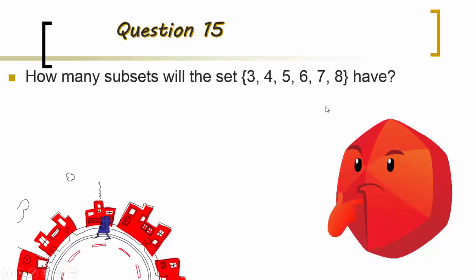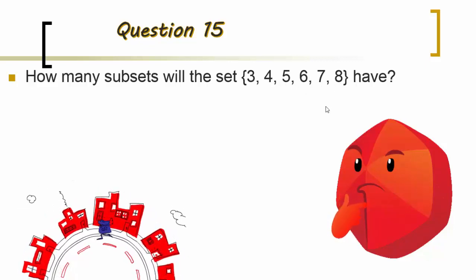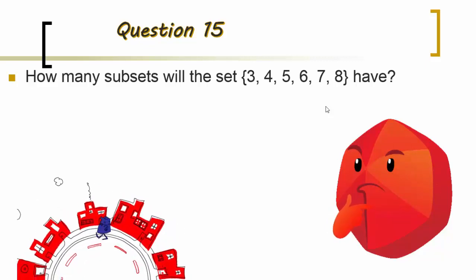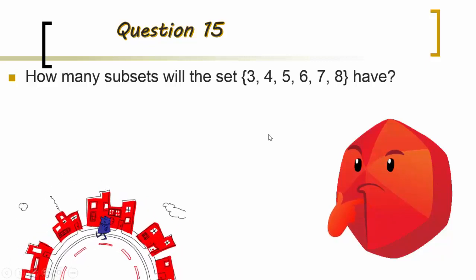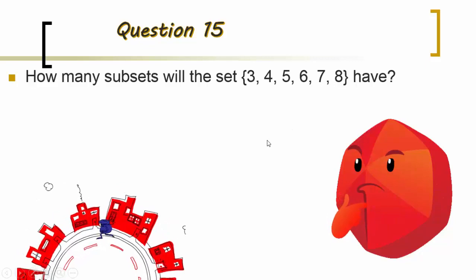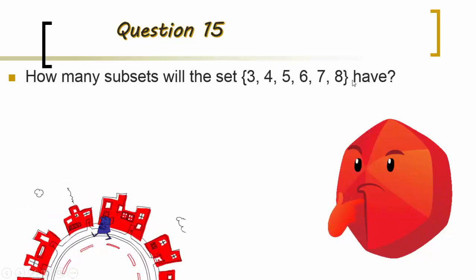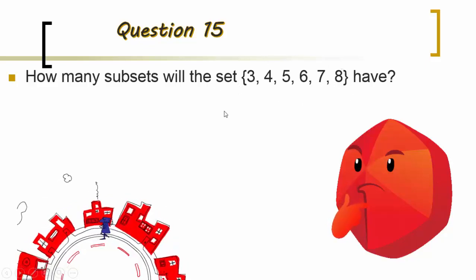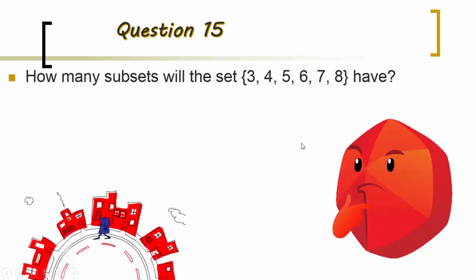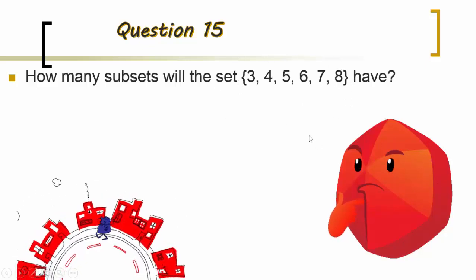So that means that n will be equal to 6. So we would take 2 to the 6th power, and that will give us 64. So therefore, this particular set will have 64 subsets.